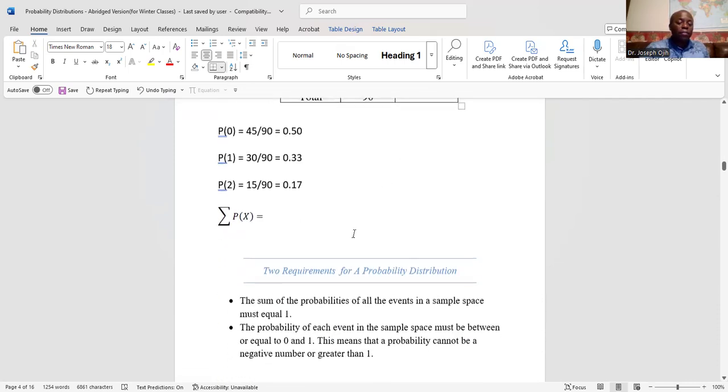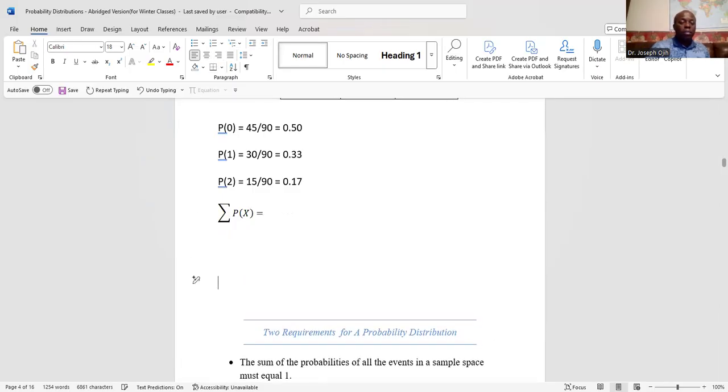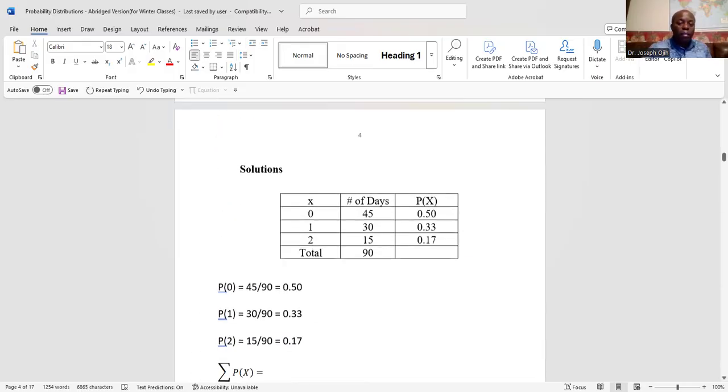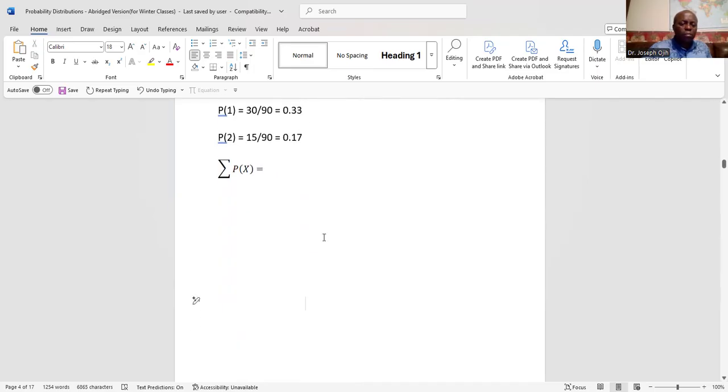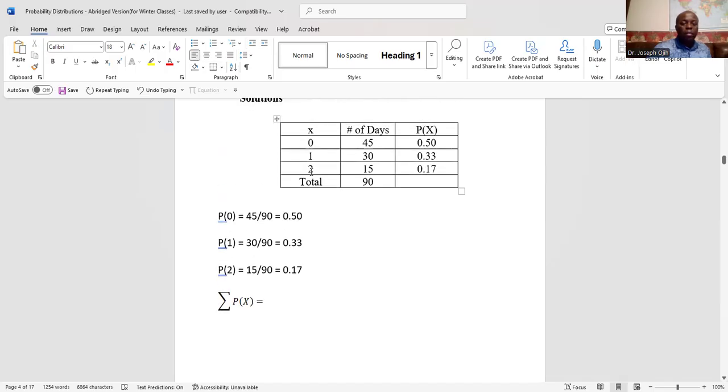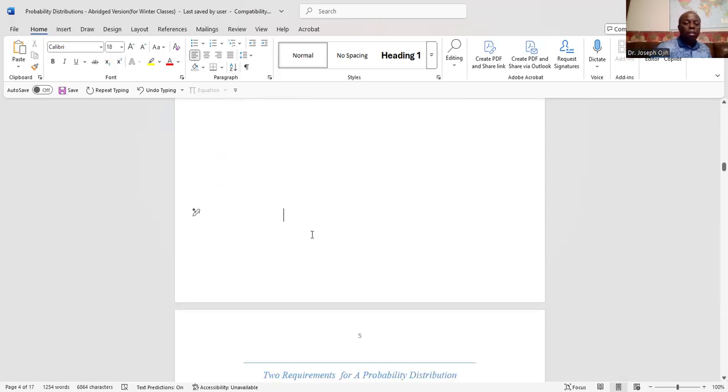Now to draw the graph, you can use this. Let me see if I can use this to draw the graph. Okay, that's a mistake. I got 0, 1, and 2. And that is our x right there.